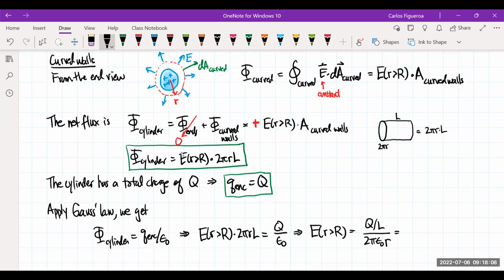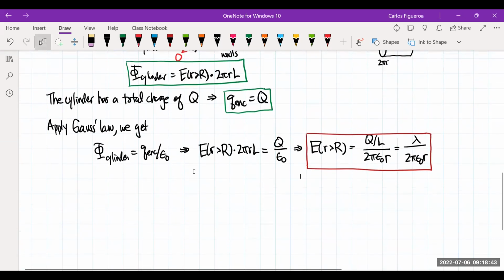This turns out to be the charge linear density. Let me rewrite it again, and it looks like this. So now we have our field, and that's for the outside.